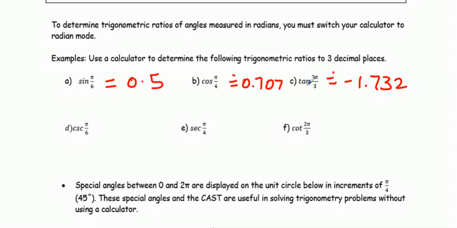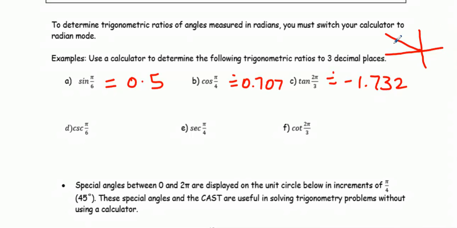And does it make sense that this is negative? Well, we just discussed that this is about 2 radians, and remember we talked about that 60-degree rule? So 1 radian was about 60 degrees, so 2 radians is about 120. So we know that 2 pi by 3 is over here, in quadrant 2, obviously.